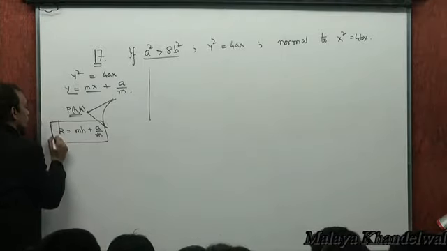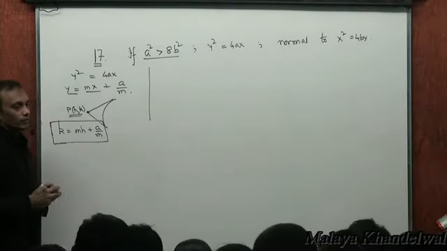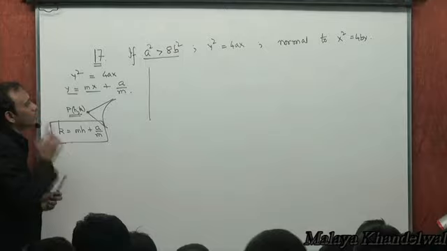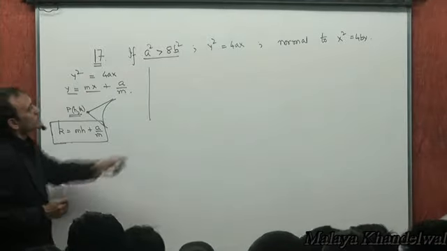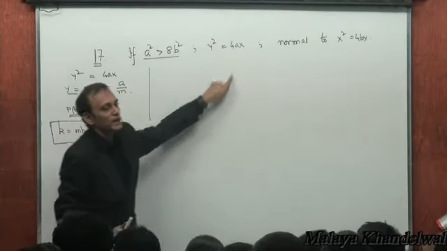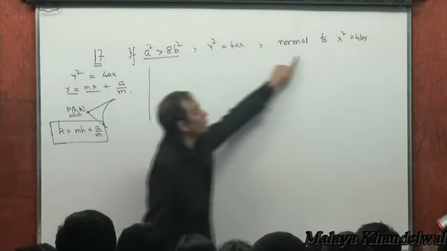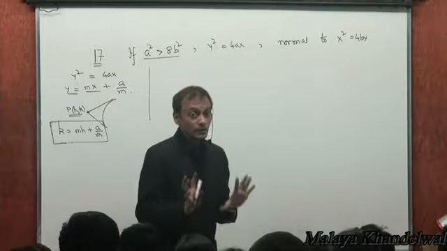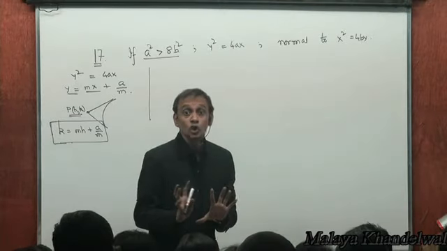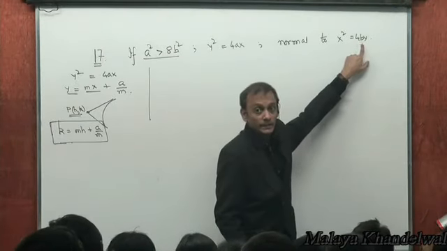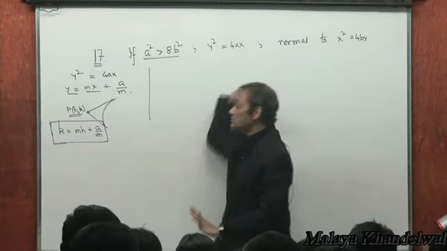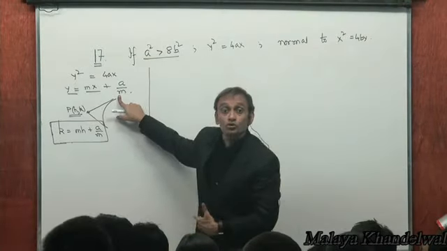Now realize that any normal to this parabola, this parabola x squared equal to 4by, let me look at a generalized normal to this parabola, right? And then say that the normal that we obtained is identical to this tangent.